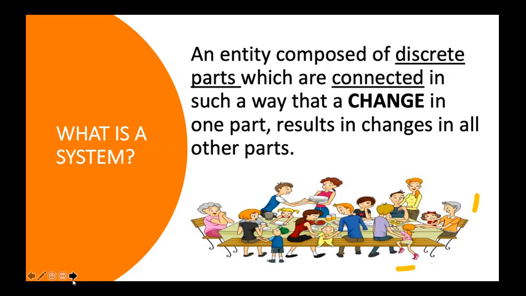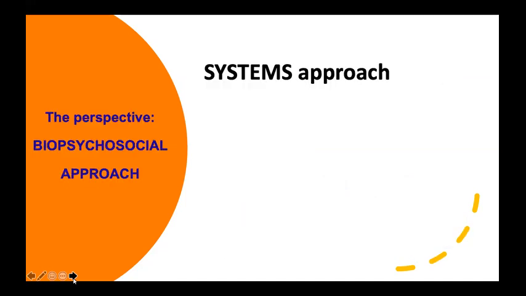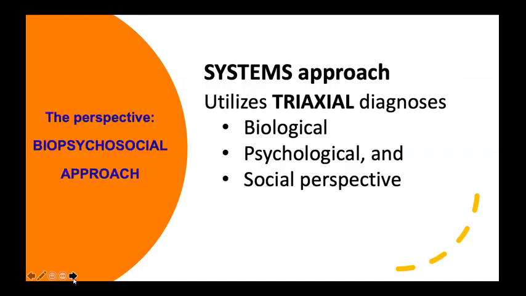So there would be other members who will step up to fill in the gap. So in the biopsychosocial approach, if we now utilize the systems approach, there would be triaxial diagnosis because we now understand the biological condition, the psychological, and social perspectives.